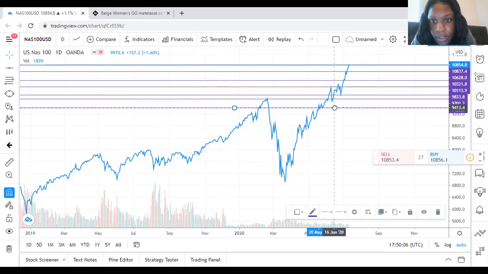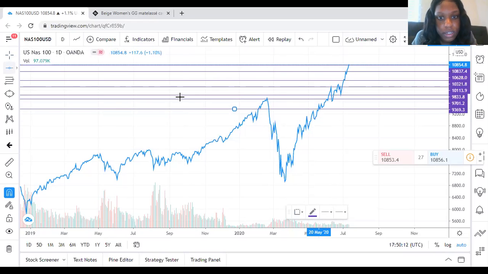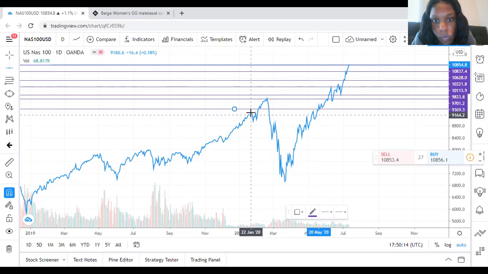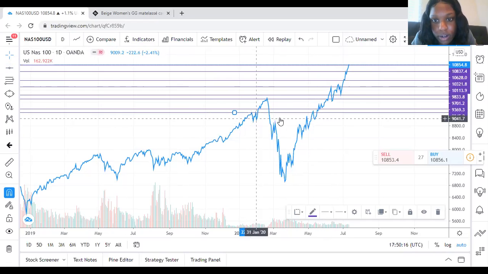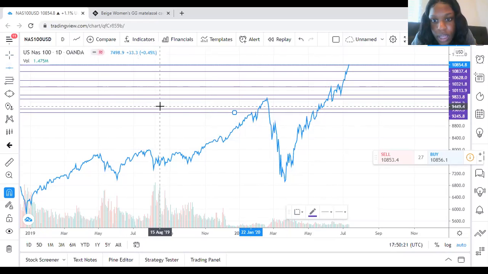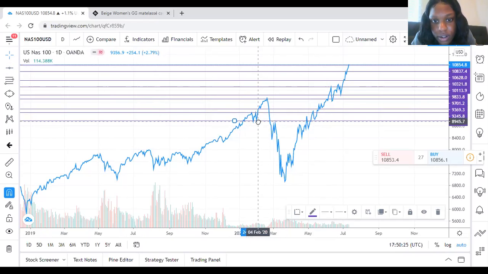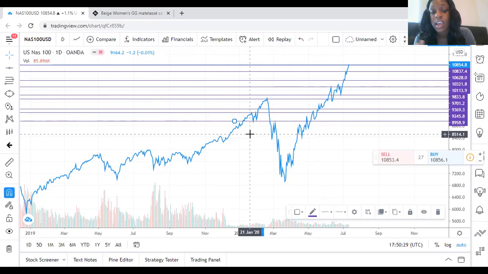Right here, I'm gonna put one right here. Because here. Right here. Boom. I'm gonna put it right here because it double backed. Right here, look, it hit it again. It showed as a support and a resistance.